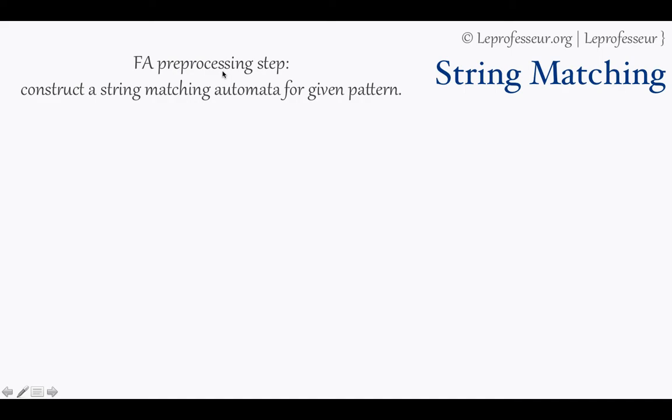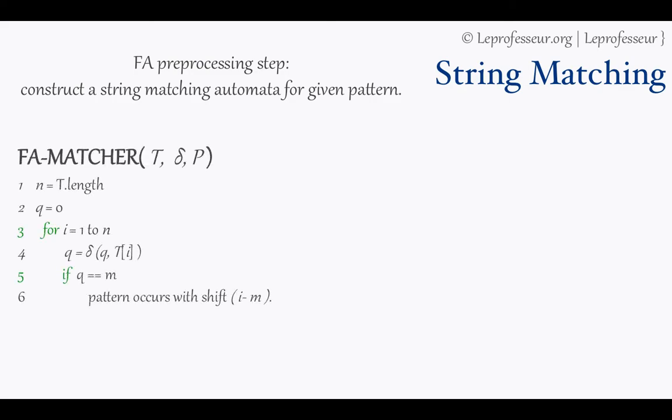That's the big thing for this class of algorithms. Otherwise, the algorithm is very simple. As you can see in this algorithm, the finite automata based string matcher will take T, your input text string, the transition table, and P, your pattern.